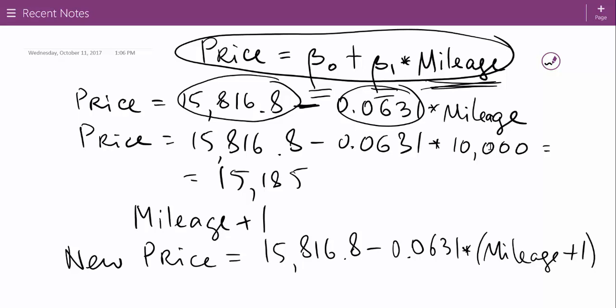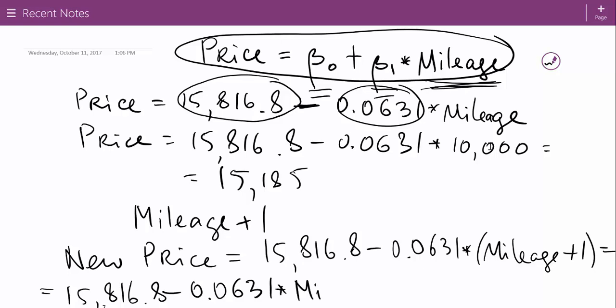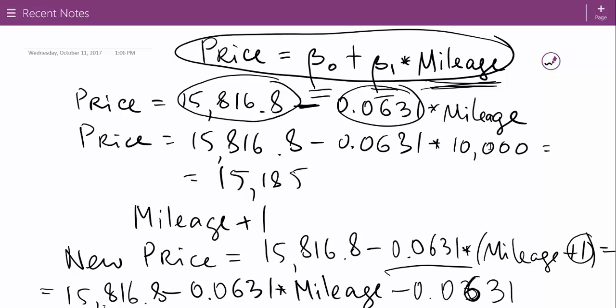Now let's separate things in this equation: 15,816.8 minus 0.0631 times my old mileage, whatever it was before I put an extra mile on it. But I have this additional 1 times the slope, so over here I have minus 0.0631.